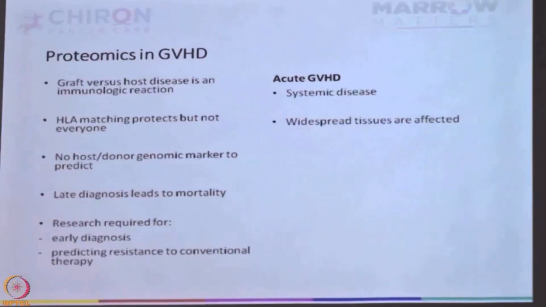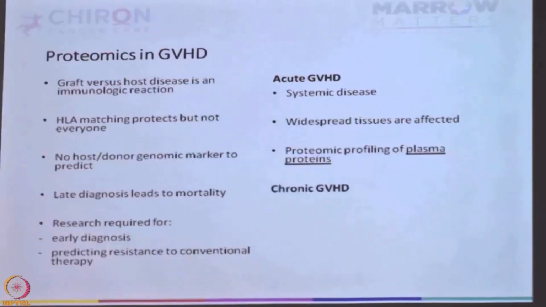Acute GVHD is a systemic disease, skin is affected, gut is affected, liver is affected, there is widespread tissue injury, and hence plasma proteins can be looked at. Maybe in the blood we will find some markers, because this is a widespread systemic disease, the entire body is practically affected, acute GVHD. Chronic GVHD is localized, dry mouth, dry eyes, skin lesions.